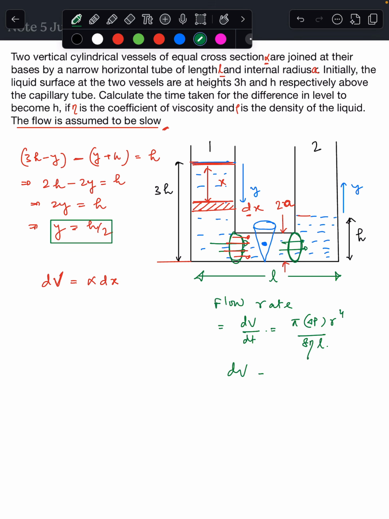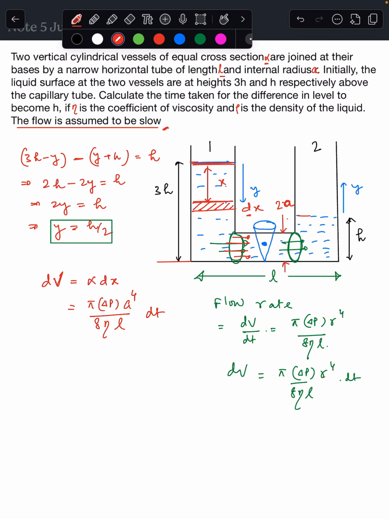So dV will be pi delta P a to the power 4 by 8 eta L into dt. I'll substitute the result here. So alpha dx must be equal to pi delta P a to the power 4 by 8 eta L into dt. Here small r means I'm taking small a.